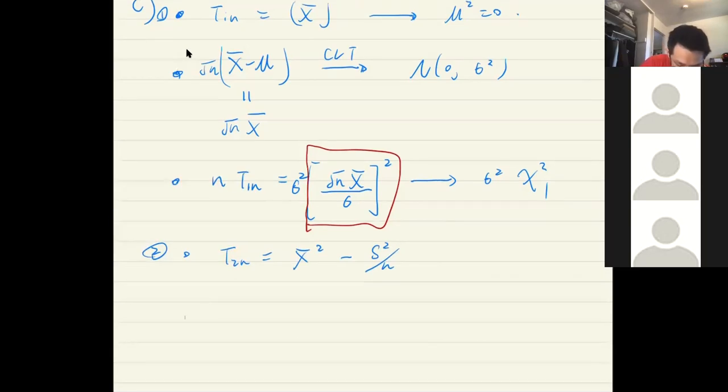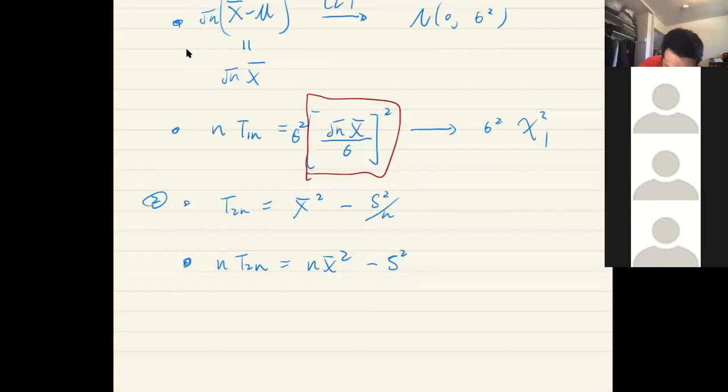We find the distribution of n times S bar square minus S square. From the first part, we know that this converges to sigma square chi square 1 in distribution, because S square converges to sigma square.